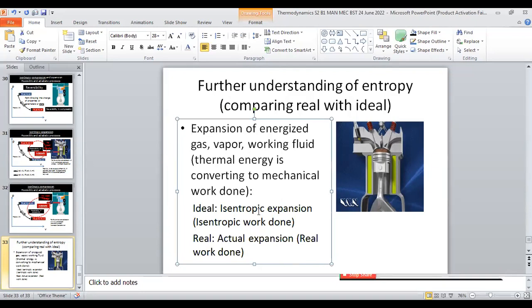So ideal and real case. So ideal isentropic we call W isen, isentropic work done. Okay, isentropic expansion.